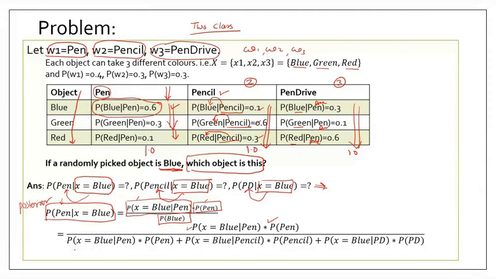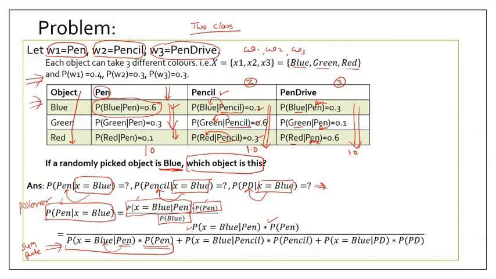So what I do, I use the sum rule. So this denominator is obtained from the sum rule. So see what is done here. This is the first term where I am talking about pen and I am expecting blue color. This information is available in my table. Then multiplied by the prior of this. So prior of pen, how many times pens are appearing in the problem? This is also given to you. So these two things are already known.